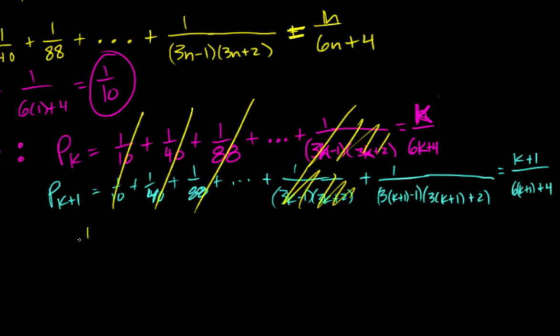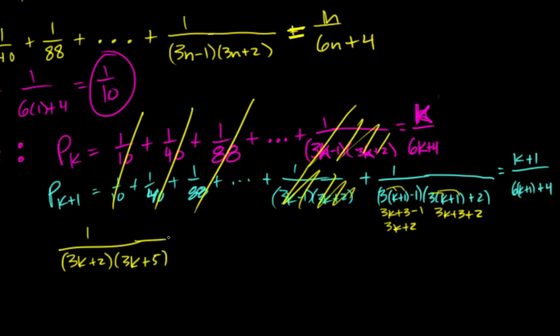So it's going to be 1 over, if we distribute that, that's 3k plus 3, and then minus 1, so that's 3k plus 2. If we distribute this, we get 3k plus 3 plus 2, and so that's 3k plus 5. Alright, so we took care of that one.